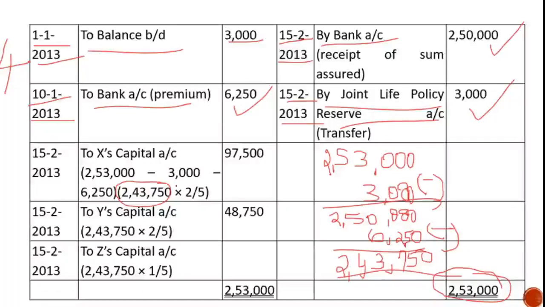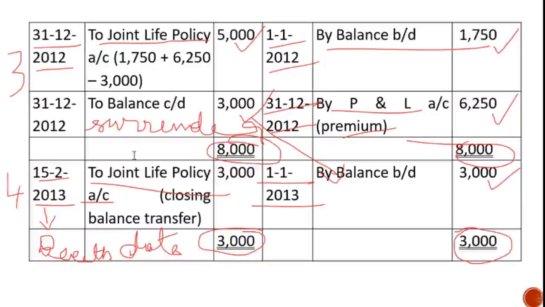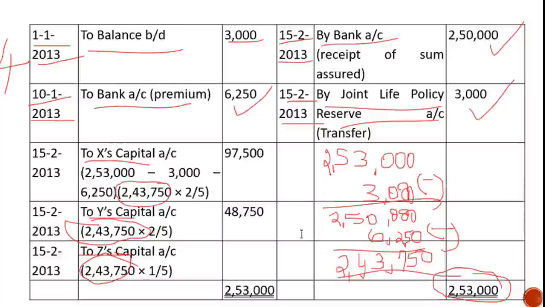So 2,43,750 is to be distributed in the old ratio among all the partners. So old ratio is 2/5, 2/5 and 1/5.